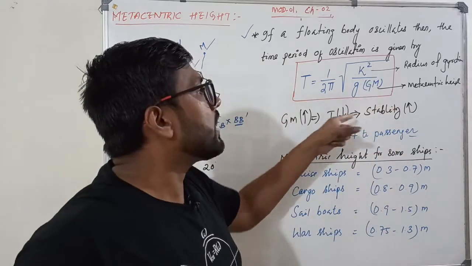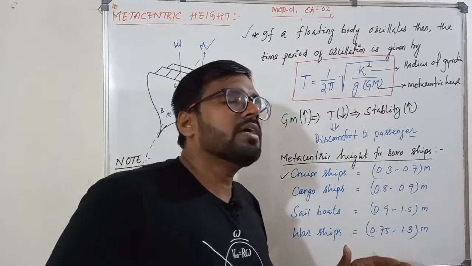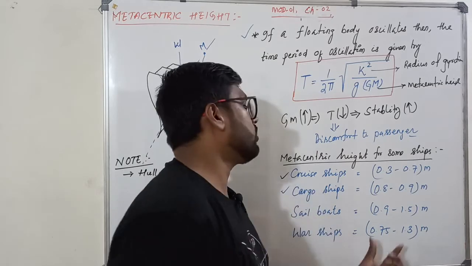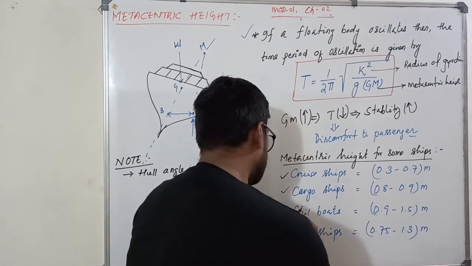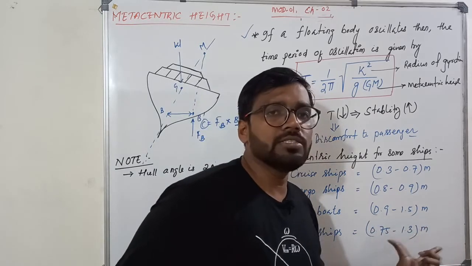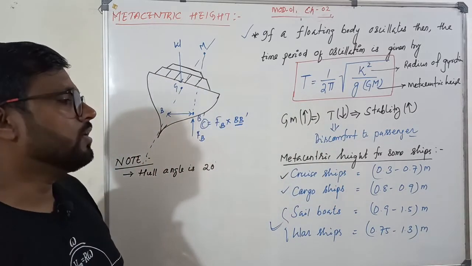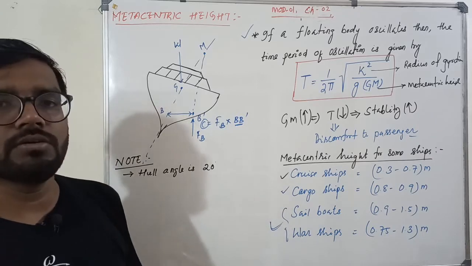Less is the metacentric height, more is the time period of oscillation, a little less stable, but it is comfortable to the passengers. If it is a cargo ship, normally the metacentric height is 0.8 to 0.9 meter, and if it is a sailboat or warship, the metacentric height is more. The more the metacentric height, the more stable is the ship, but less comfort. Okay, note it down.